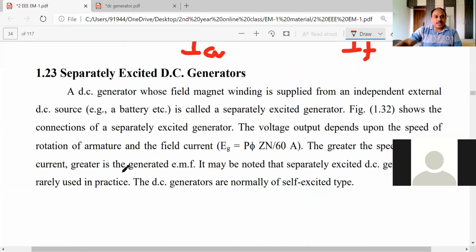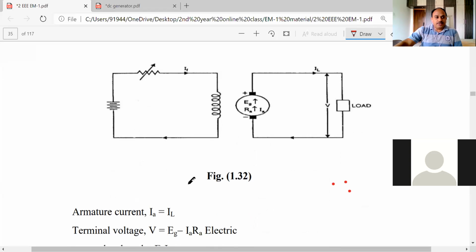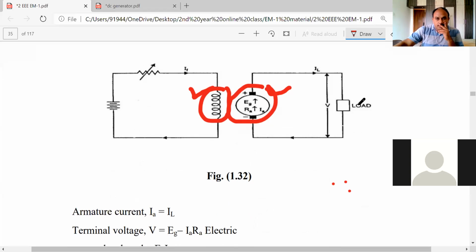A separately excited DC generator means the field winding is excited from an external source. See here, this is the armature circuit of the generator, and this is the field circuit.